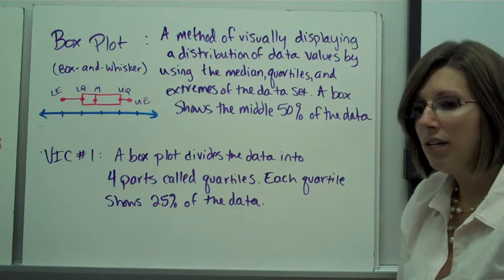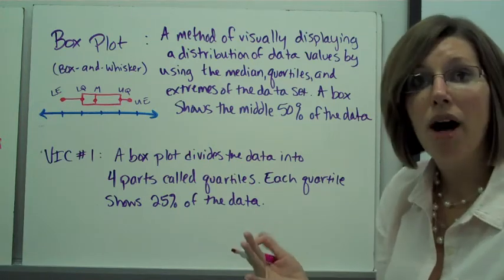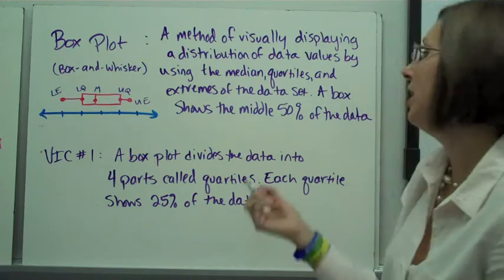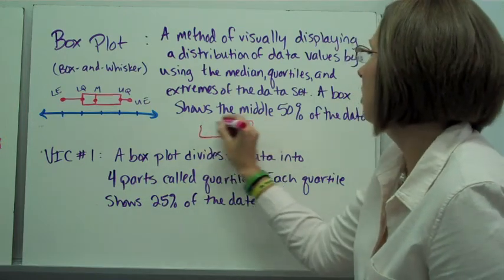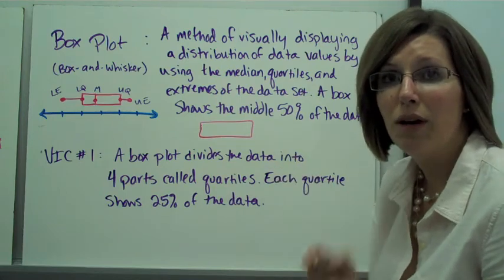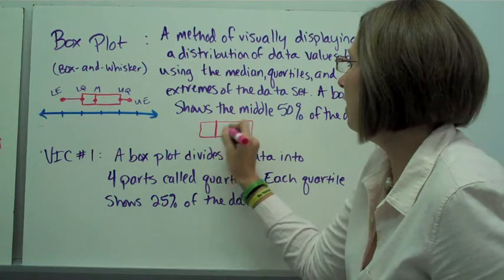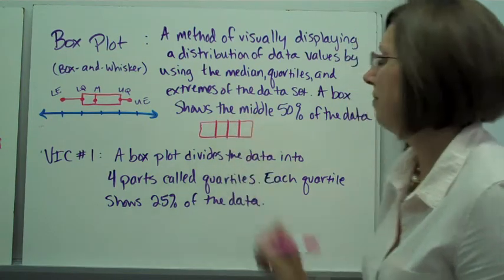I'd like you to think for a second about any box or any rectangular part that you have. If I asked you to cut this rectangle into 4 pieces, you would make 3 cuts. 1, 2, 3.